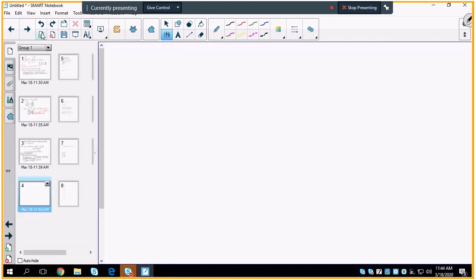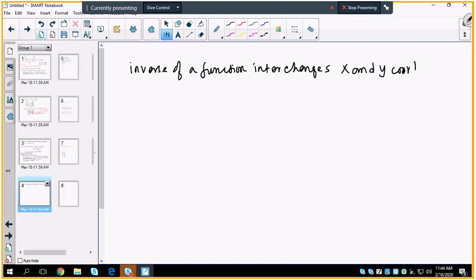So what does the inverse do? The inverse of a function interchanges x and y coordinates. What do I mean by that? Think of a 1-1 function. For example, let's talk about (1, 2), (2, 5), and (3, 6).